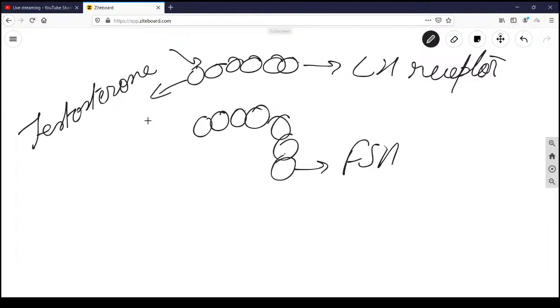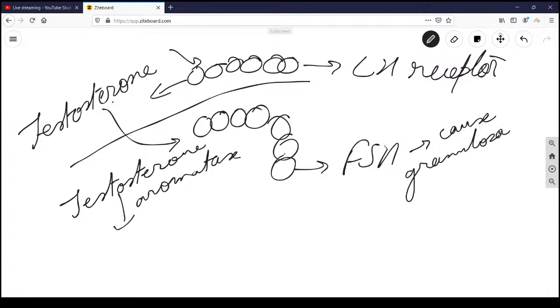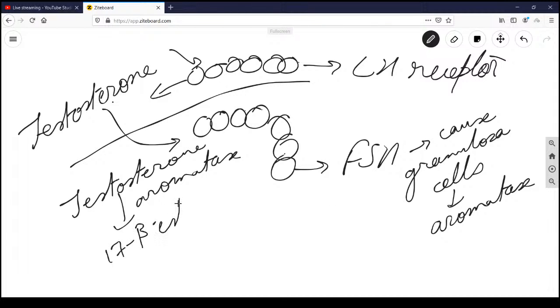Testosterone goes through the membrana granulosa and comes into the granulosa cells, and under the influence of FSH the granulosa cells release the enzyme, a protein known as aromatase, which converts testosterone into 17 beta estradiol, which is nothing but a type of estrogen.